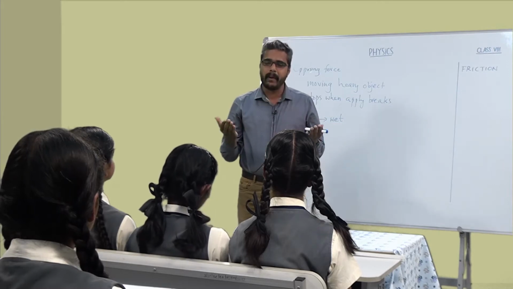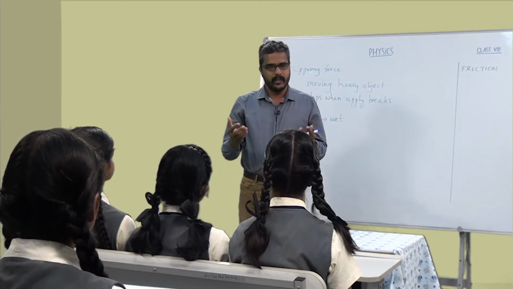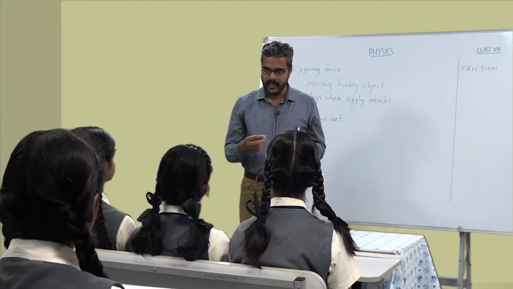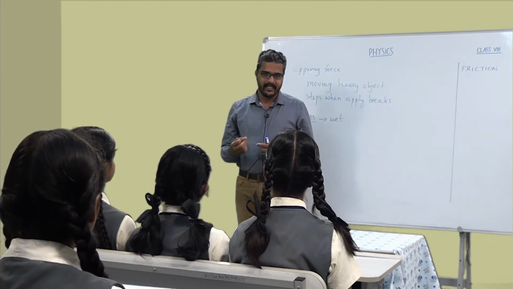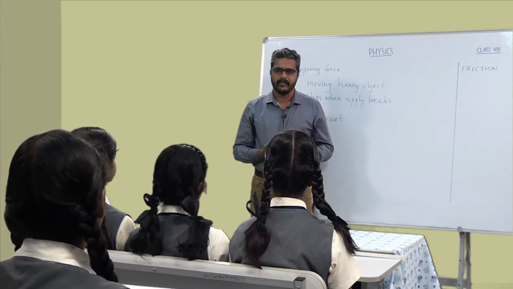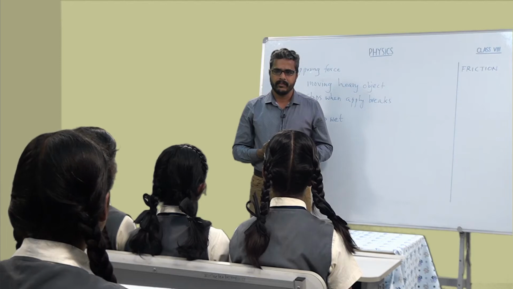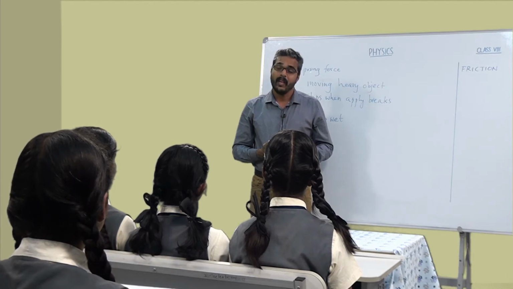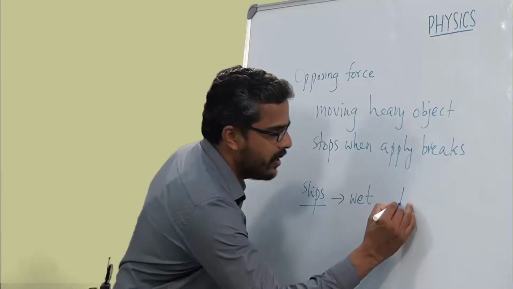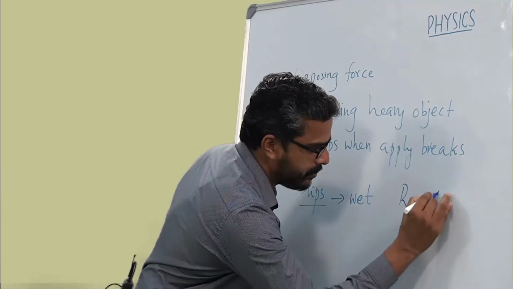You said that a wet surface will be slippery, and on a rough surface it will be easy for us to walk. So what may be the reason? Which one will be giving more friction? Rough surface. The rough surface will be giving more friction.